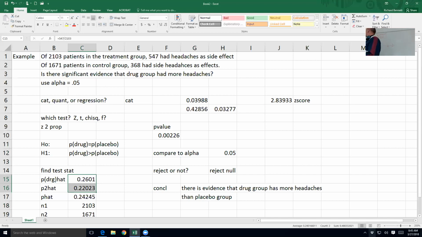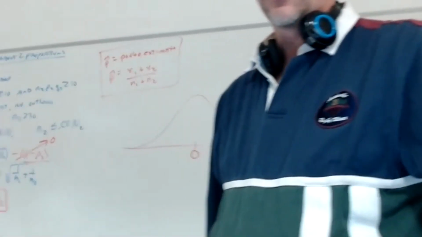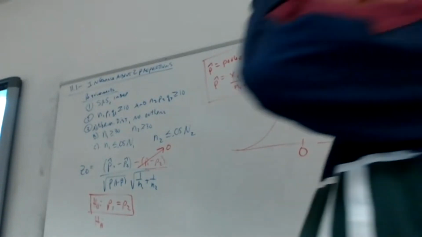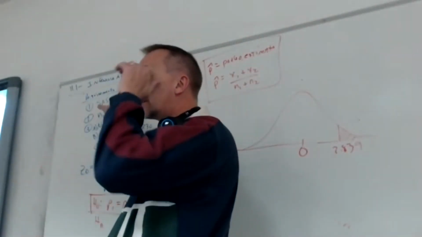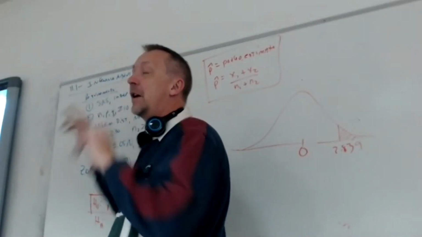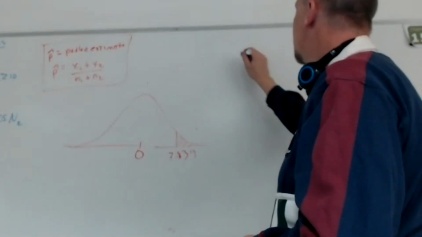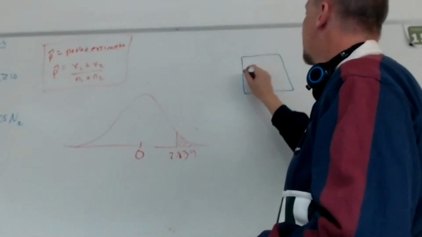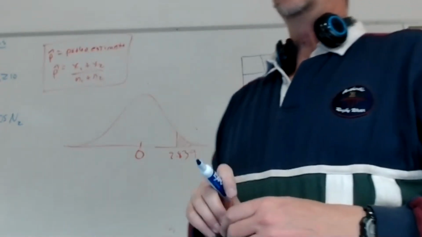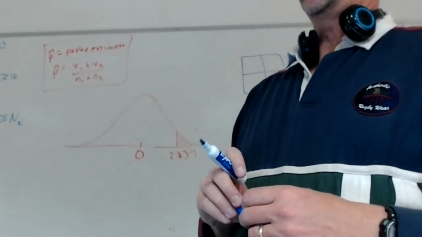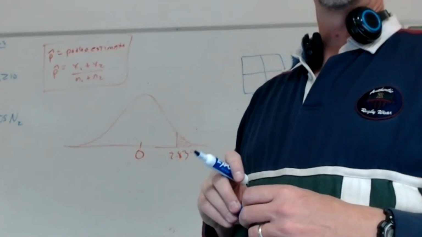As we go back here, we're assuming these are independent. Now, if it's dependent, you're going to see some sort of a 2 by 2 table. I could, but I don't want to. I'll save that for the next test.